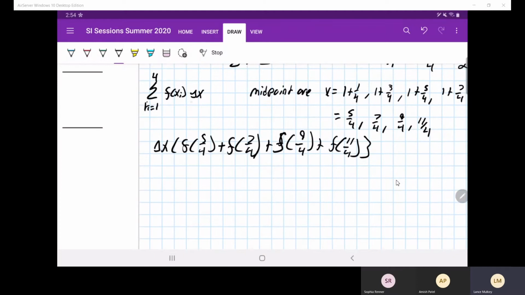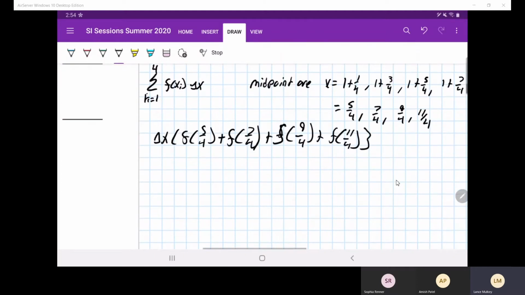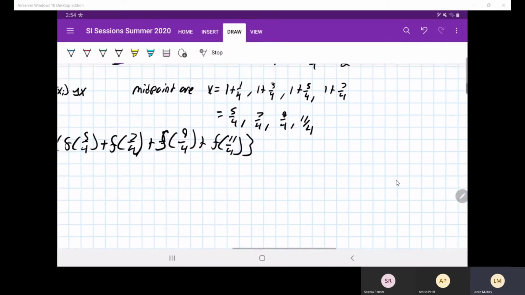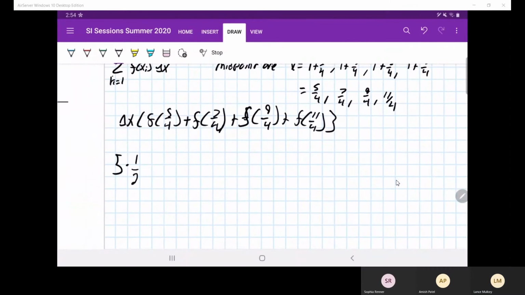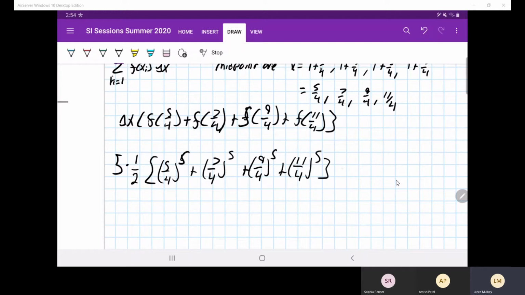And since f of x has a 5 in it up here, we can go ahead and pull the 5 out. So 5 times delta x. Remember, delta x is 1/2 times 5/4 to the 5th plus 7/4 to the 5th plus 9/4 to the 5th plus 11/4 to the 5th.